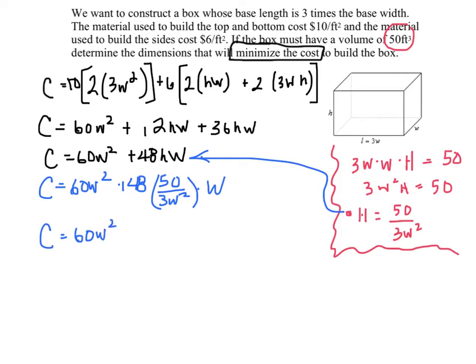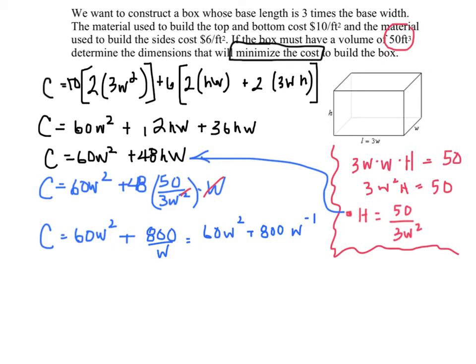60W squared plus, well, 48 divided by 3 is 16. 16 multiplied by 50 is 800. And you'll also notice back up here we had a W and a W squared, so it's going to be over W. Now, knowing that I'm going to do the derivative, I'm going to rewrite this as 60W squared plus 800W to the negative first.